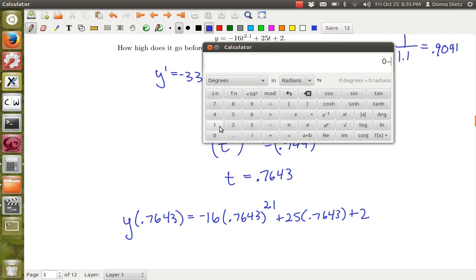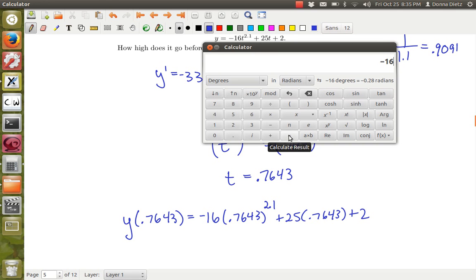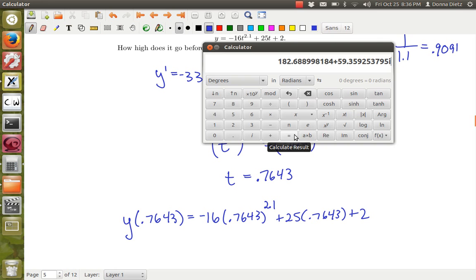So I have trouble getting a negative sign into this calculator. 0.7643 to the power of 2.1. Alright, clearly I did something wrong.